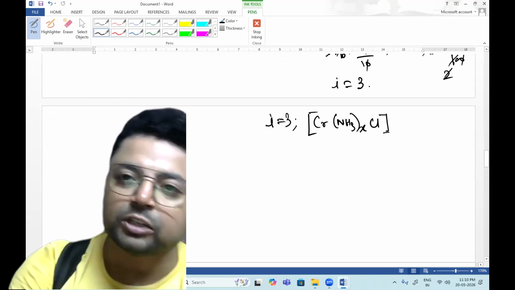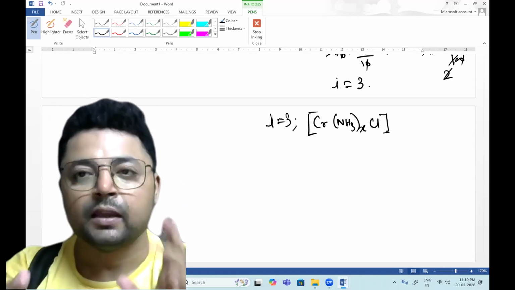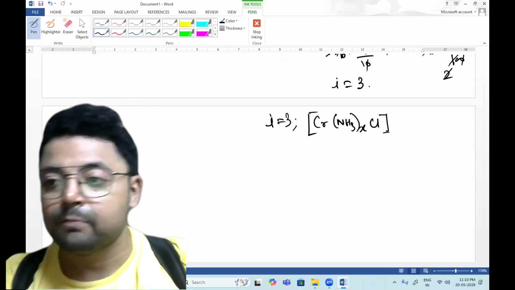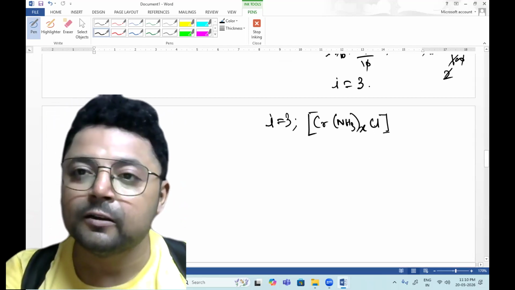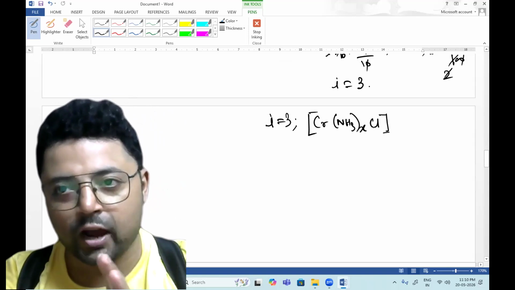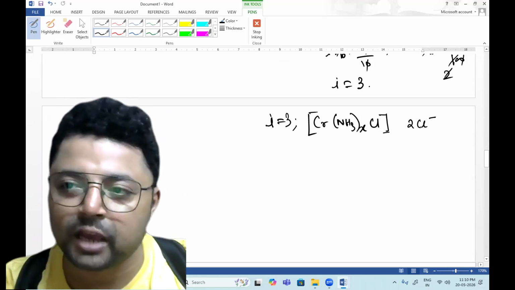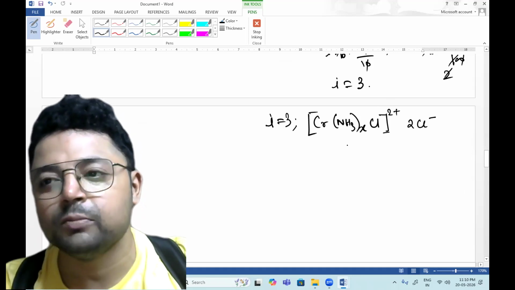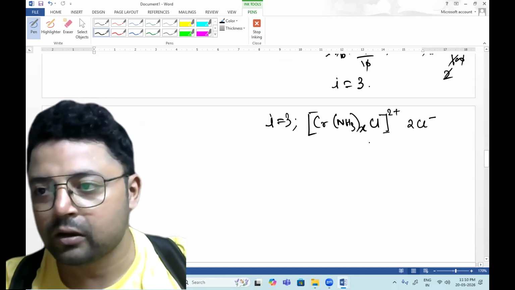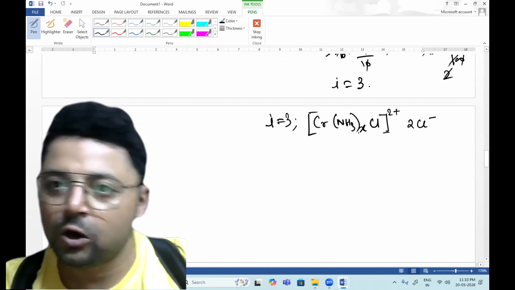For any coordination complex, the cation, irrespective of its charge, will be a single entity. In this case it is more true. Why? Because here Cl has valency 1 and oxidation state of -1. So only 2 Cl minus will be outside, whereas this 2+ will be one entity. So these are the 3 entities that will be formed due to the complete dissociation of this complex.